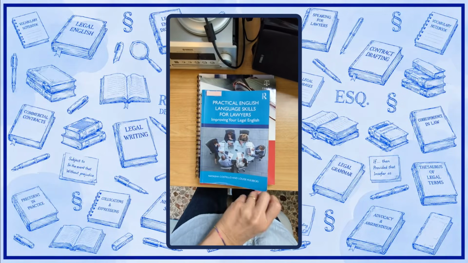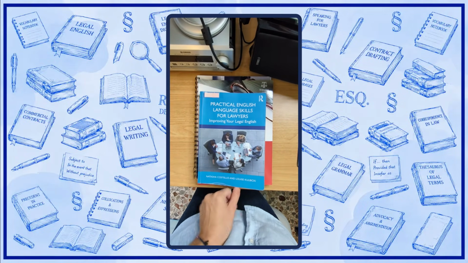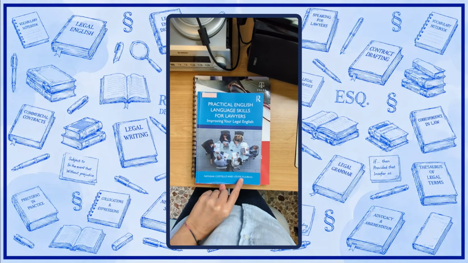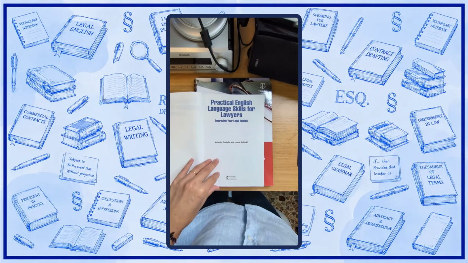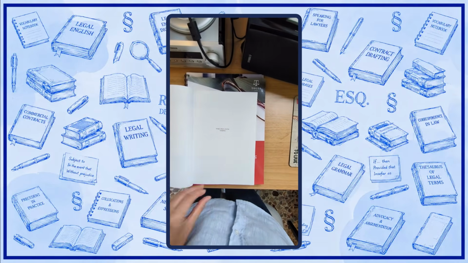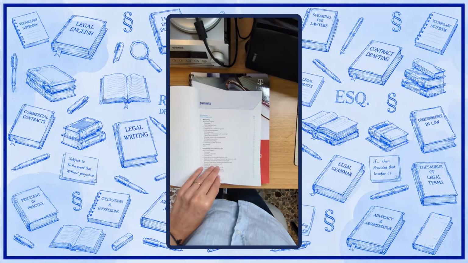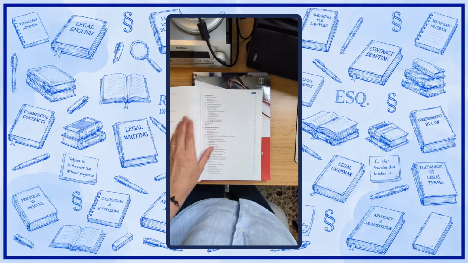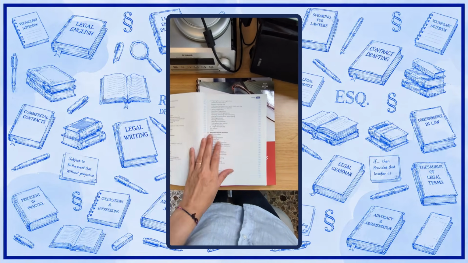So let me show you inside it. Here we've got Practical English Language Skills for Lawyers, Improving Your Legal English. It's by Natasha Costello and me, Louise Kulbicki. If we go inside, we can see that we've got different chapters: networking, telephoning and conference calls, legal writing, presentations, social media, and so on.